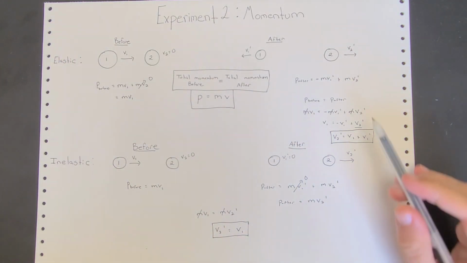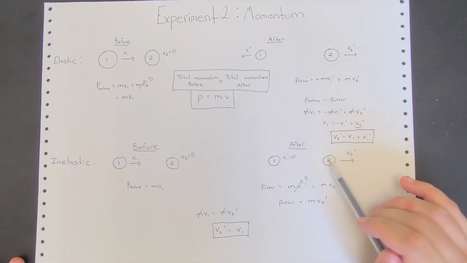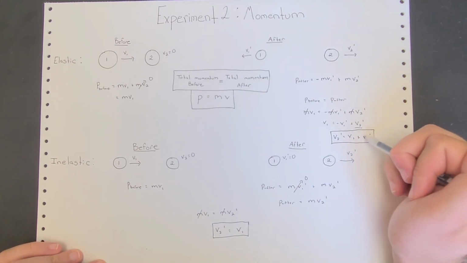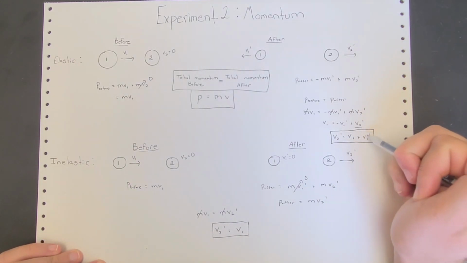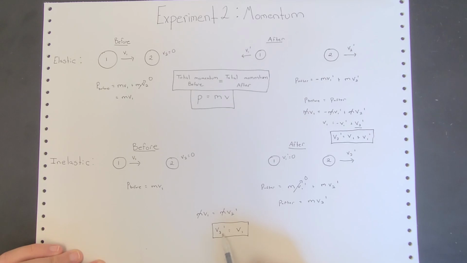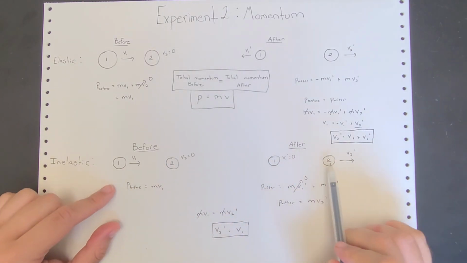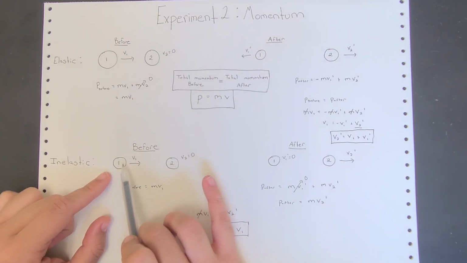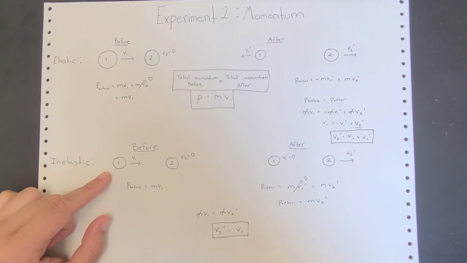All right, now if we compare the velocities of our object 2 after the collision, you can see that this one has an additional amount added to it, v1 prime. Whereas this one, v2 prime, is the same as v1. So in this case, for inelastic, the second object will have the same velocity as whatever the velocity the first object had before the collision.